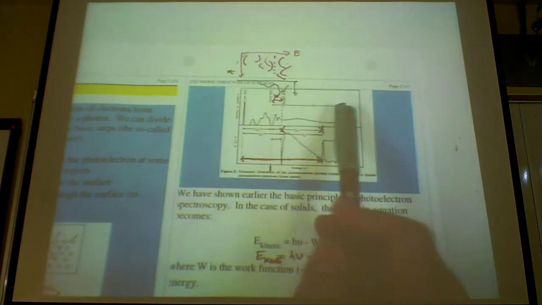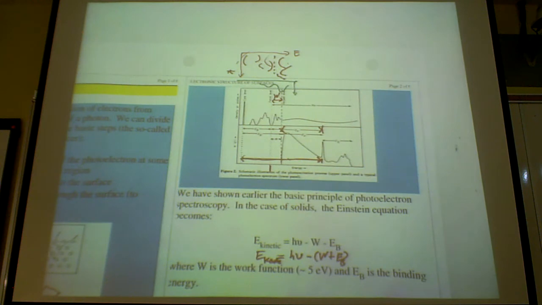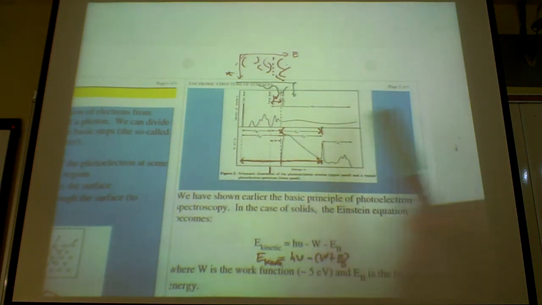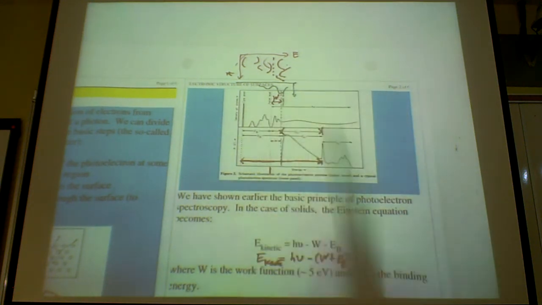For example, you're looking at a Western light source such as aluminum K alpha radiation, which indicates that the energy is about 1486 electron volts. So that's the energy of one photon.